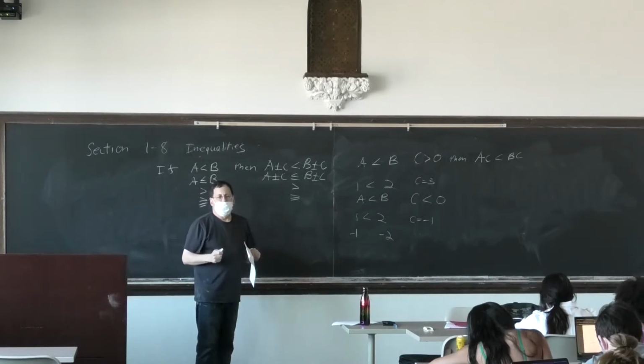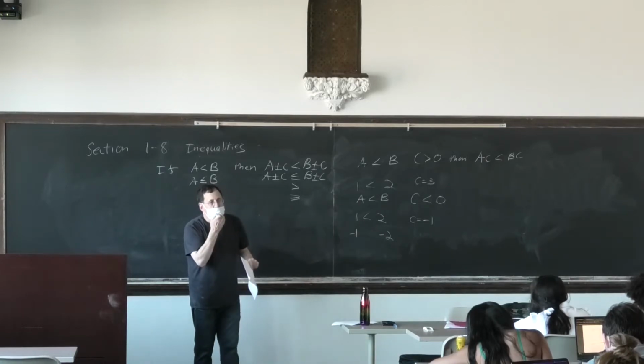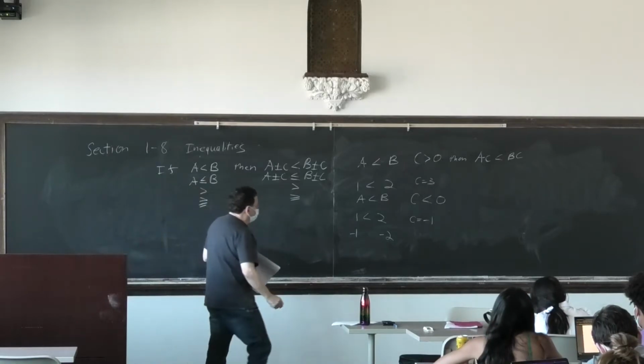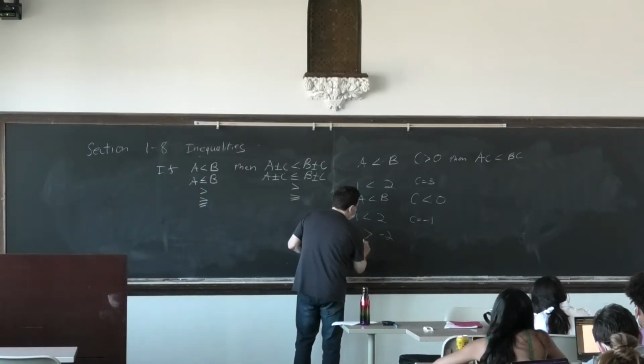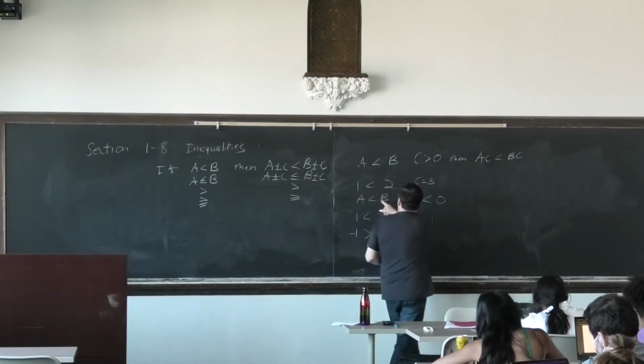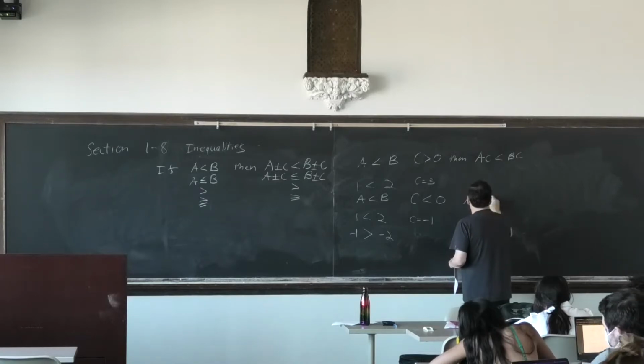The inequality reverses. Whenever you multiply or divide, because dividing is just multiplying by the reciprocal, you're going to reverse the inequality. So if A is less than B and C is less than 0, then AC is going to be greater than BC.